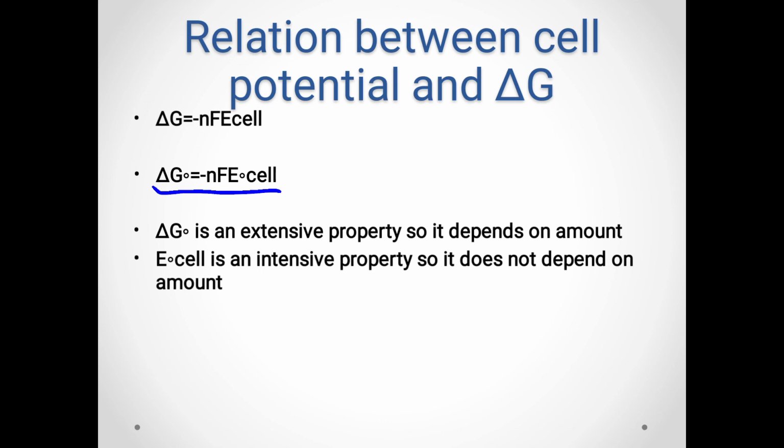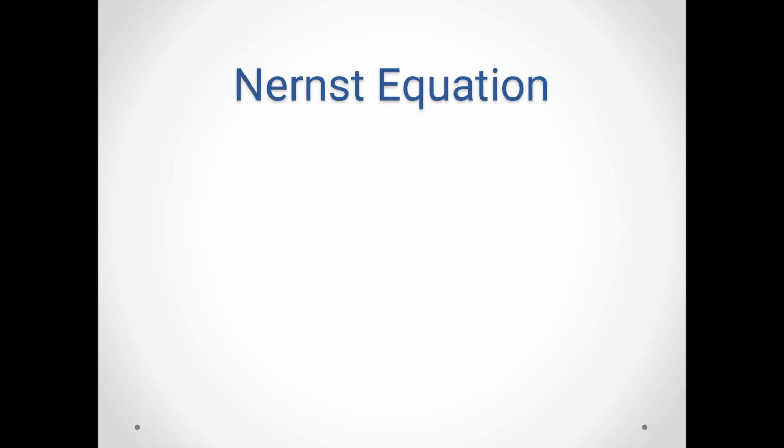Now this extensive, intensive is all covered in the thermodynamics chapter. If you see here, you can understand that an extensive property means it depends on the amount. So delta G is an extensive property, whereas E naught of cell is an intensive property and it does not depend on the amount.